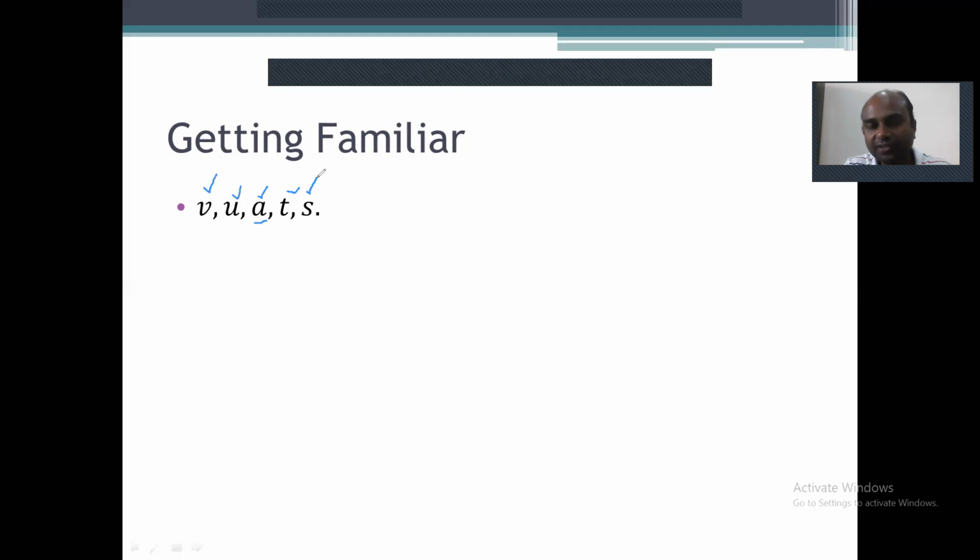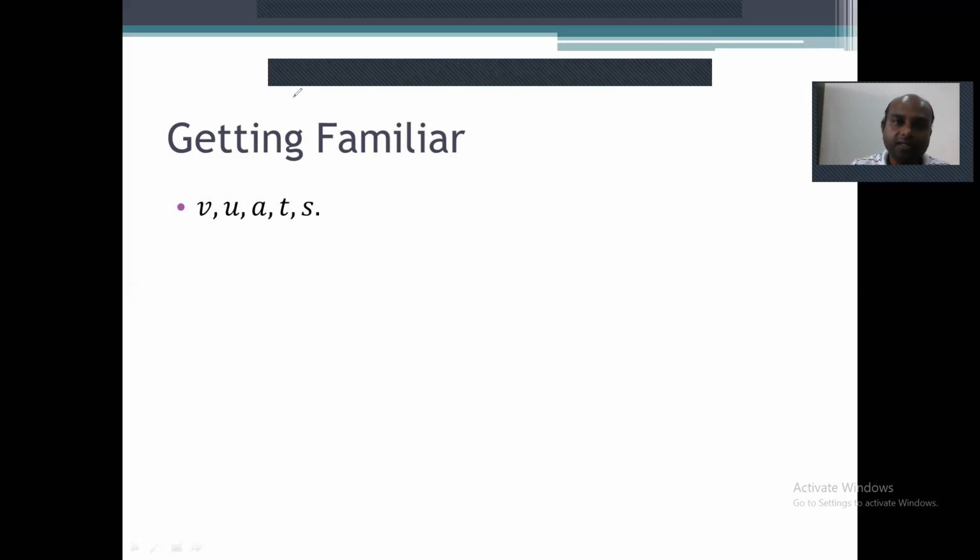If it is a straight line motion, then we don't differentiate between the magnitude of the displacement and the distance covered. All right. So we see that there are five variables here: v, u, a, t, and s.